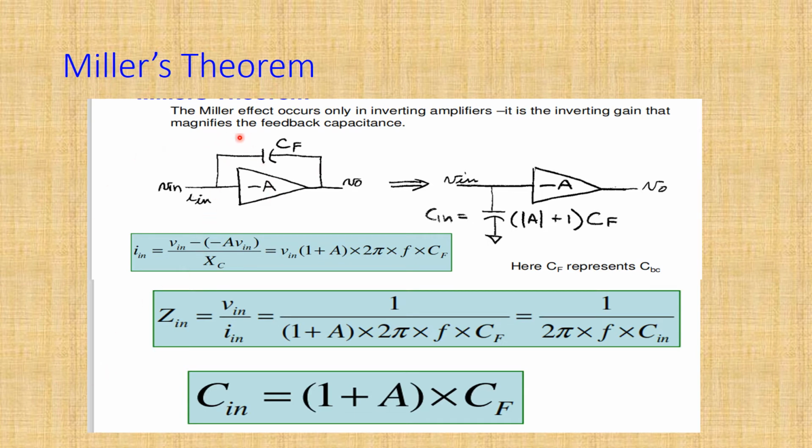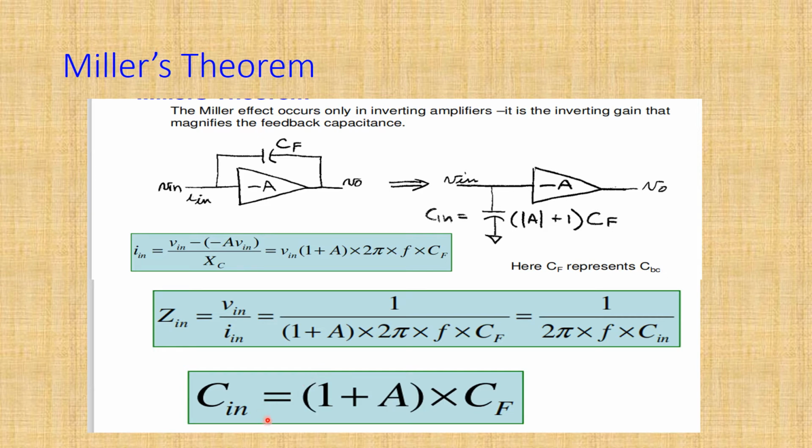Miller effect occurs only in an inverting amplifier. It is the inverting gain that magnifies the feedback capacitance. Okay, so the current is I, we are deriving it actually. So V_I is equal to V in minus AV times V in upon XC. This is a simplified version of it: V in times (1 plus A) times 2 pi F times CF.